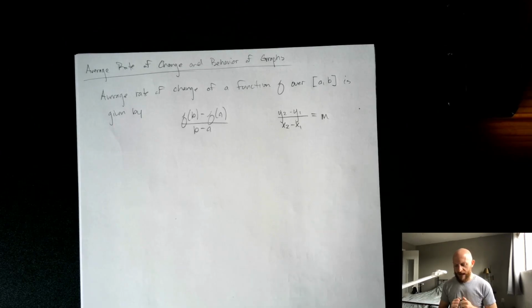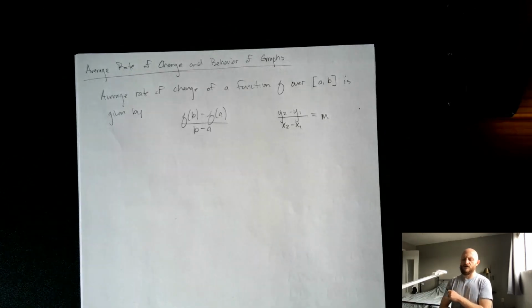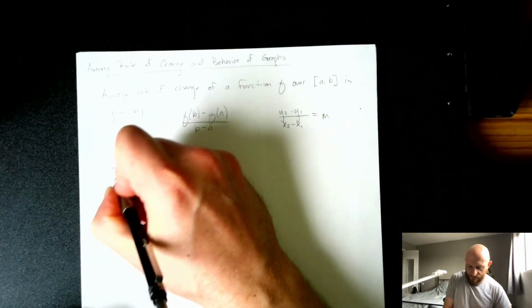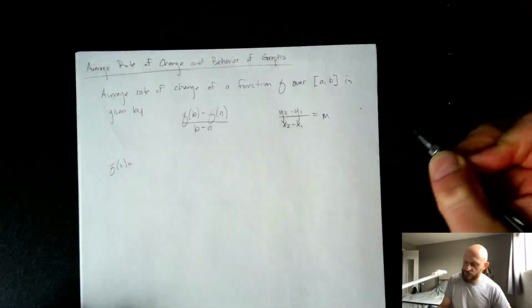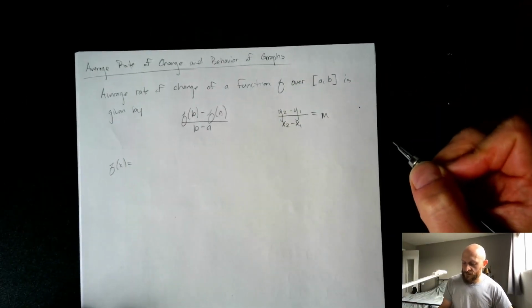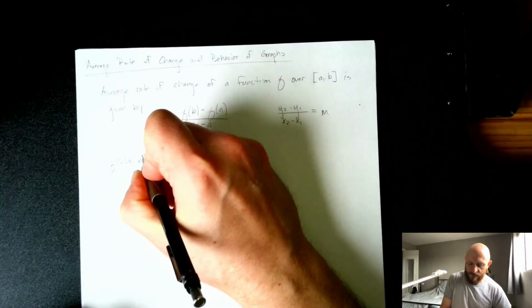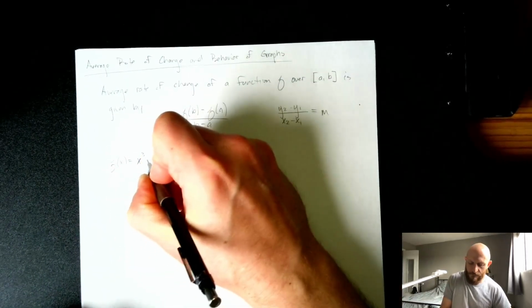So let's do that. Let's do it in a few different ways. First, we'll do it by computing the average rate of change, assuming that maybe we're given the equation of the function. So suppose that we have the function f of x equals, what's a fun one? X cubed minus 2.